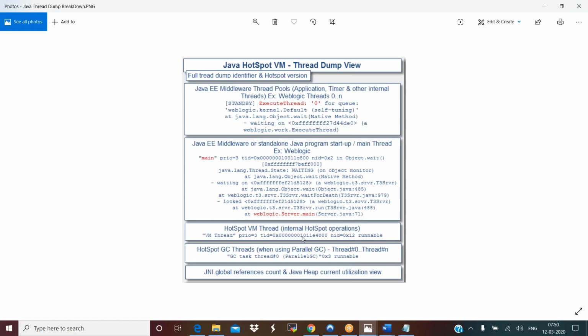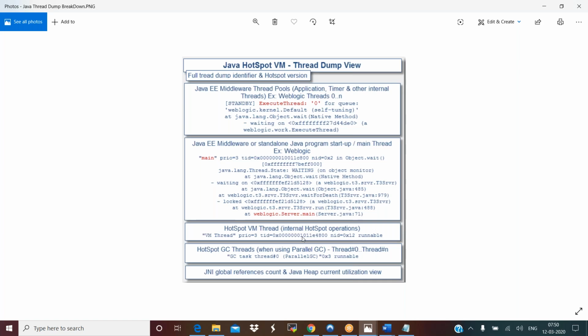That means it is an internal thread managed by the HotSpot VM in order to perform some internal native operations. So typically you will not worry about the HotSpot VM threads unless you see something like high CPU utilization.